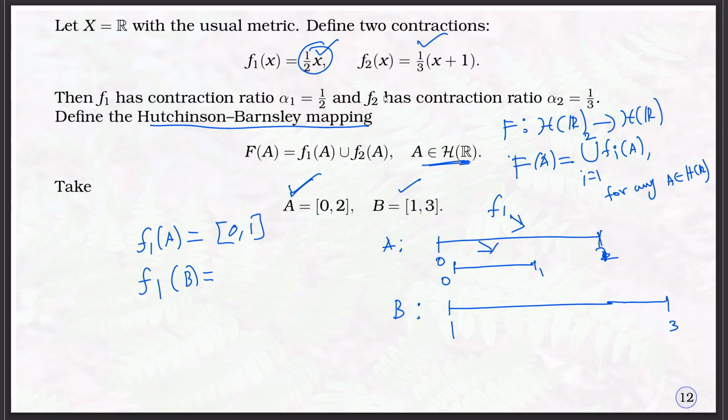Similarly, if you are applying the f1 mapping on B, which is 1 to 3, one can get 1 by 2 comma 3 by 2.